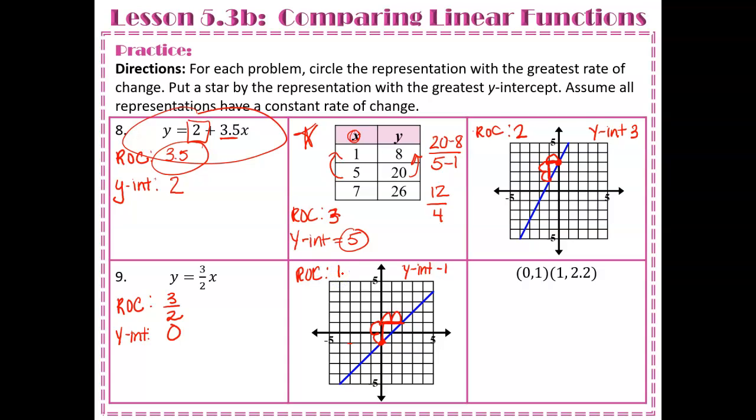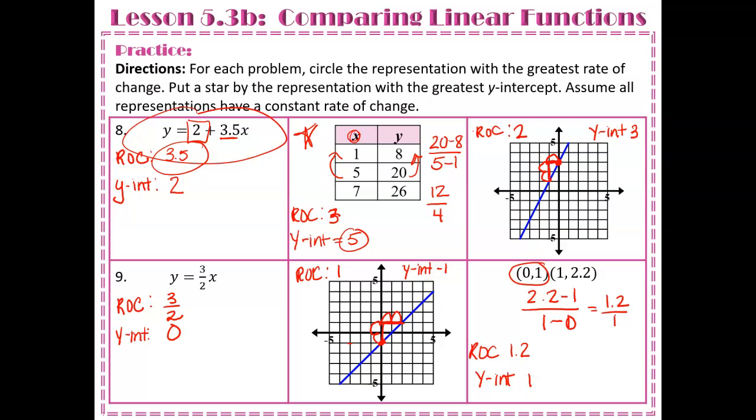I'm going to have to use the wine glass formula here. So I have 2.2 minus 1 over 1 minus 1. I think that's a decimal. Yeah, that's 2.2 minus 1, which gives me 1.2 over 1. So my rate of change is 1.2, and my y-intercept you can find right here in the ordered pair where the x is 0, the y is my y-intercept.